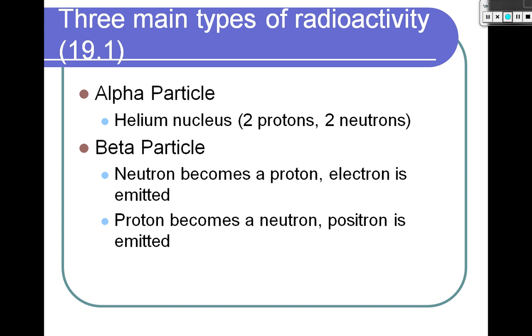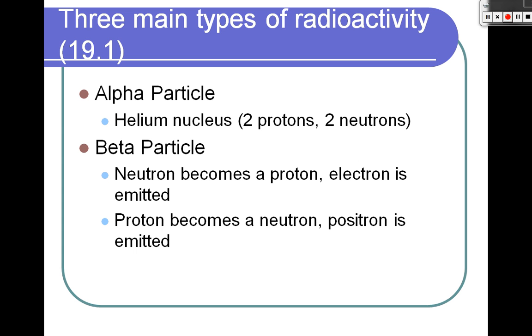And those have partial charges, and because of that, neutrons and protons can actually become one another by changing the number of quarks, and possibly there's some stuff left over. A neutron can become a proton, and in that case, an electron is emitted from the atom, and that electron is a beta particle.